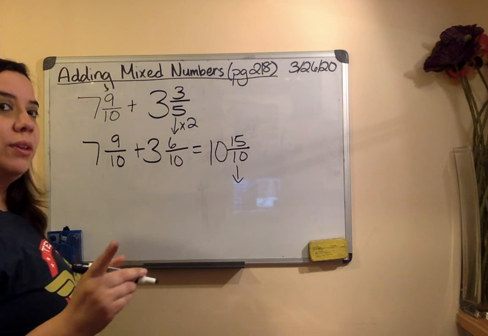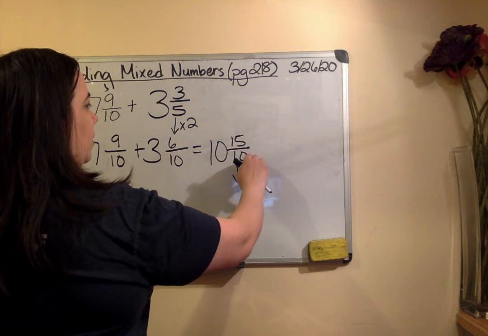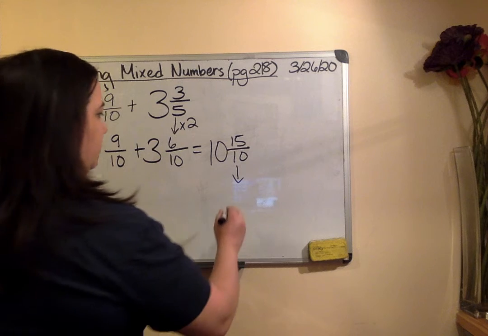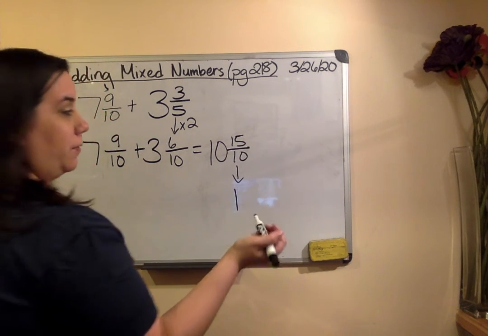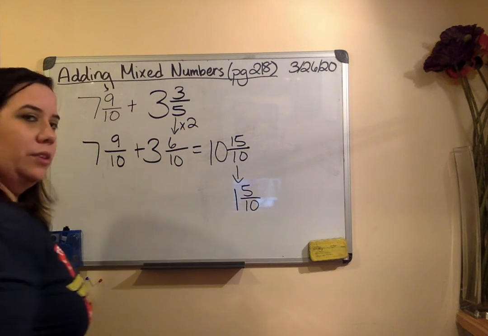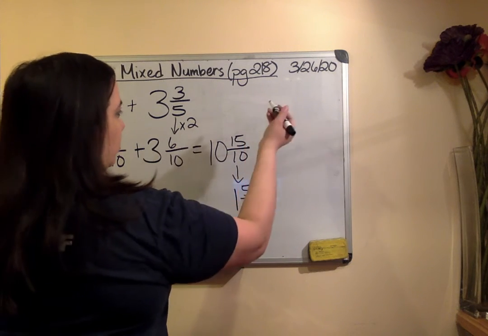Now, if you're good with this mentally, this should be easy. How many times does 10 go into 15? Once. And then 15 minus 10 is 5 over 10. Now, if you don't understand how we did that mentally, let me show you how to do it visually.